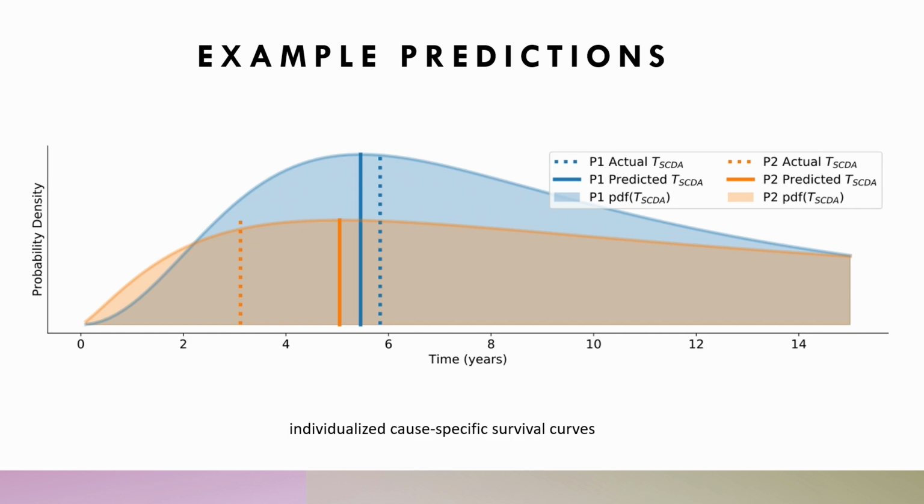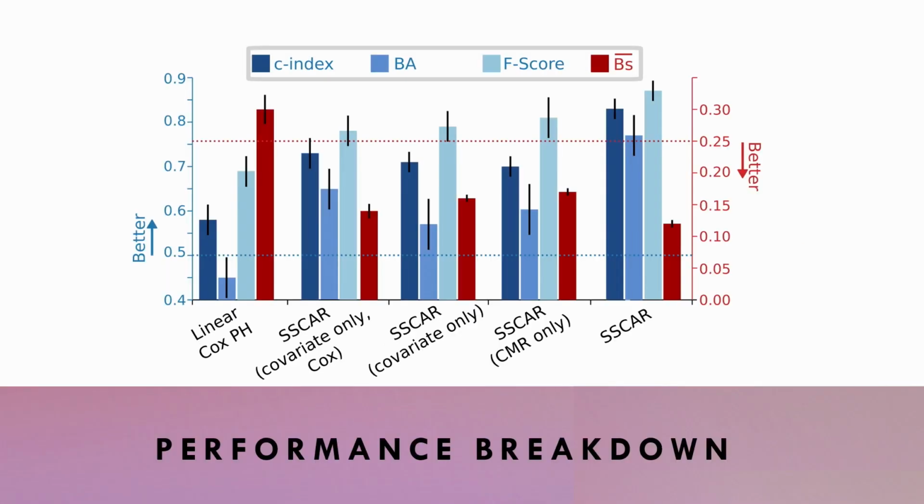This is a flat distribution, not as good. So this is one of the worst performing patients. You can see predicted and actual death occurring, there was a difference. So you can see how for each patient we create these individualized curves.